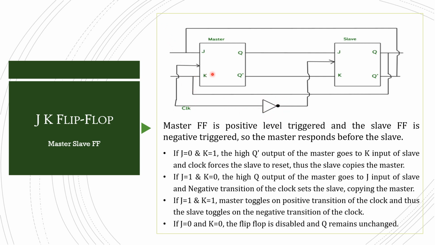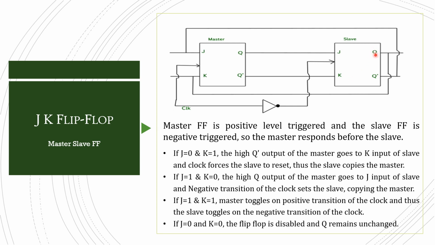The master flip-flop is positive level triggered, whereas the slave is negative triggered, so the master responds before the slave. If J is equal to 0 and K is equal to 1, the high Q bar output of the master goes to the K input of the slave, and the negative edge of the clock forces the slave to reset.